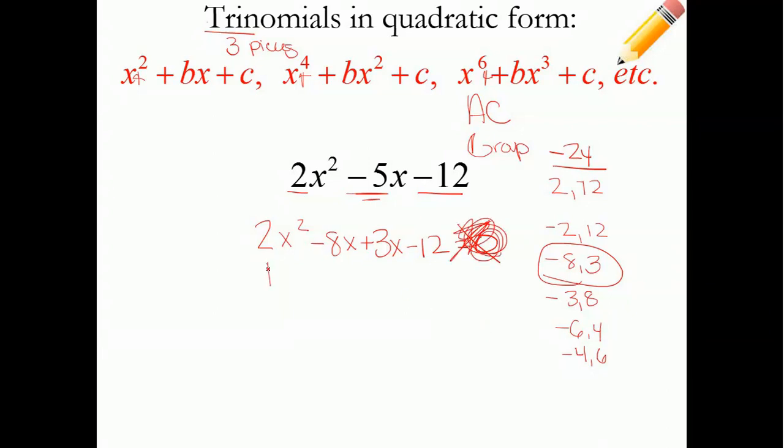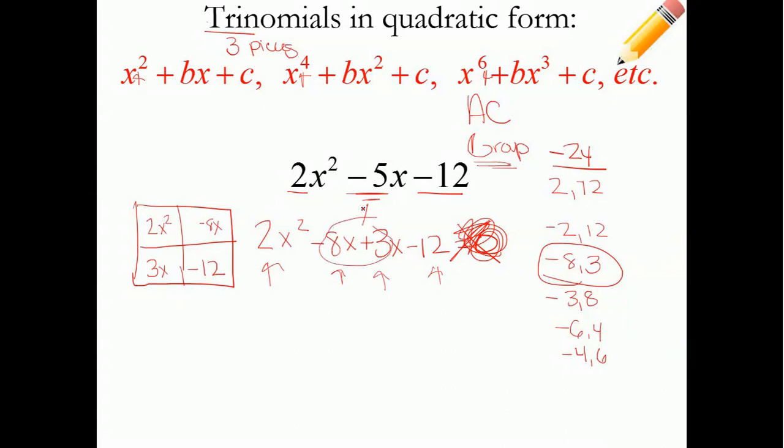Okay, now notice 4 terms. 1, 2, 3, 4. I can now group. So now what I'm going to do, build my box, put each of these pieces inside. I noticed a lot of you try to put that negative 24 somewhere. Don't do that. Just put what you see here, because this is that problem.